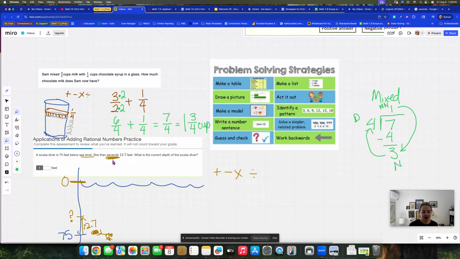This word ascend means to go up, and you are going to be less deep. So I'm thinking I'm going to subtract. I'm going to take my depth of 75 feet and subtract the amount that I am ascending, because that number is making me less deep.